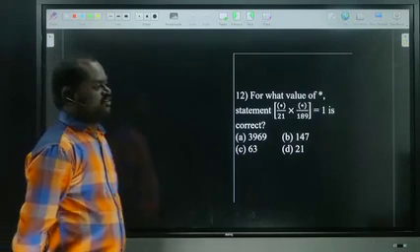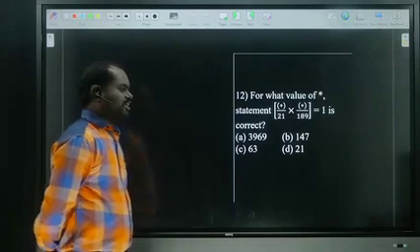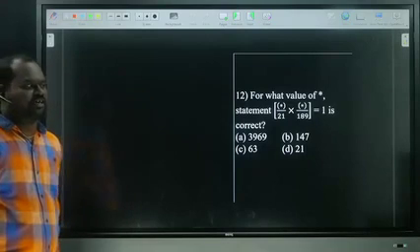Any answers? Star by 21 into star by 189 equals to 1. What is the value of the star?